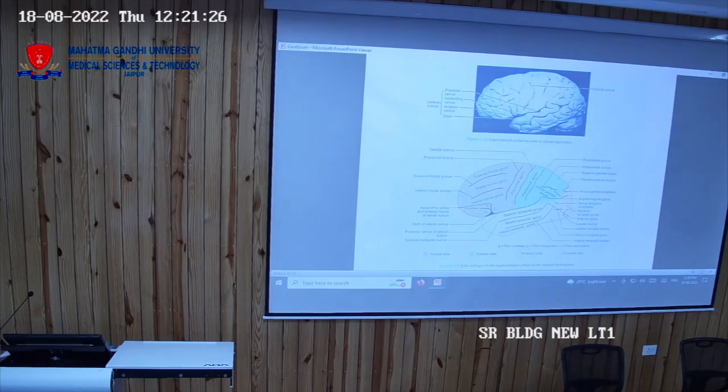So by these imaginary lines, we can divide the different lobes of the cerebral hemisphere: frontal lobe, parietal lobe, occipital lobe, and temporal lobe. Now we will consider each lobe and their sulci. See first one, the frontal lobe.